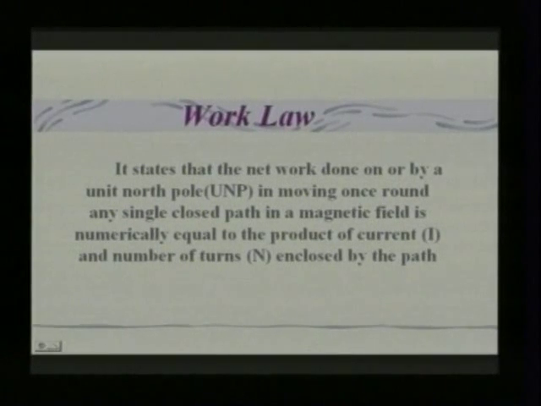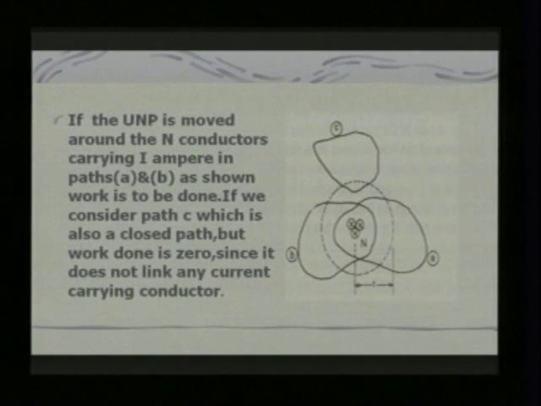It states that the net work done on or by a unit north pole, that is UNP, of magnetic field strength 1 Weber, in moving once round any single closed path in a magnetic field, is numerically equal to the product of current I and number of turns enclosed by the path. It can be explained from this figure.